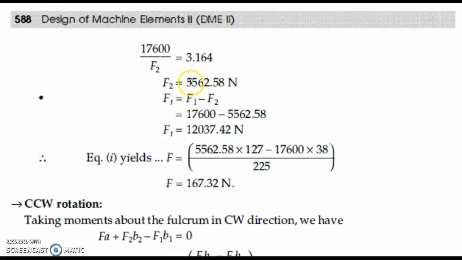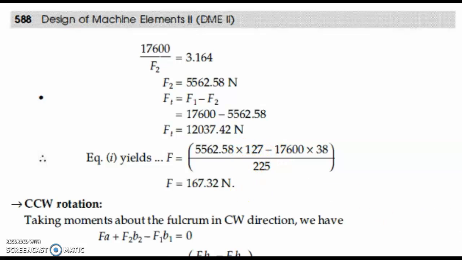Then Ft is equal to F1 minus F2. If we substitute F1 and F2 in the previous equation, then the value of F is equal to 167.32 Newton.